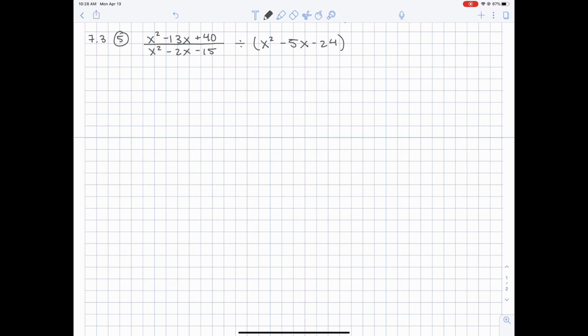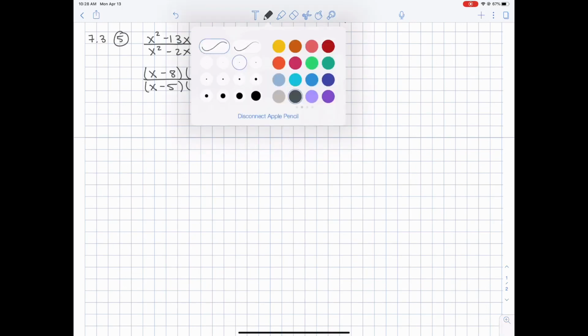Okay, so I'm going to factor and flip all in one step. I'm looking at the factors of 40 that add to -13. That's x minus 8, x minus 5, over factors of -15 that add to -2. I have x minus 5 and x plus 3, times, I'm going to flip this one over here, x minus 8 and x plus 3, and we have a whole bunch of things that are going to start canceling out.